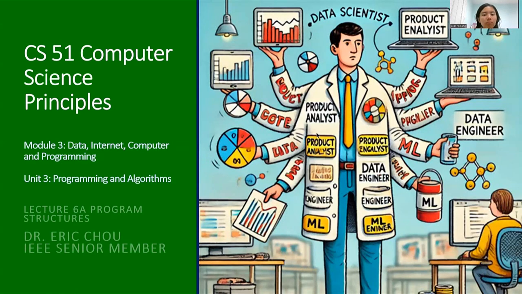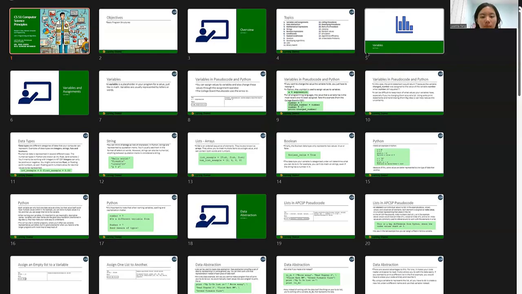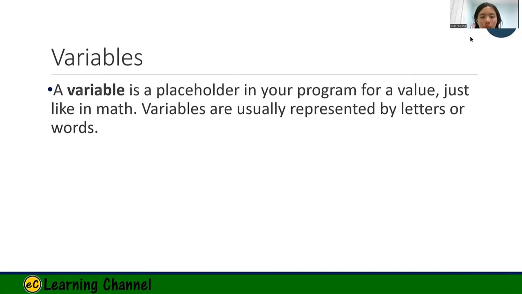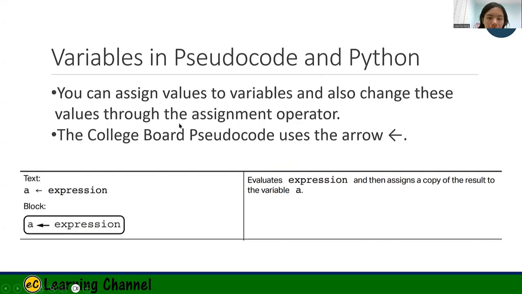We'll finish up lectures 6, 7, 8 together because this portion is primarily on pseudocode. So first you need to know about variables. A variable is a memory location to store your values. Okay, and the variable has a name. Okay, right here you may see two kinds of things. One is the pseudocode. One is the block expression. Okay.